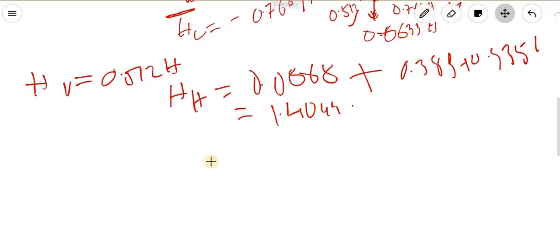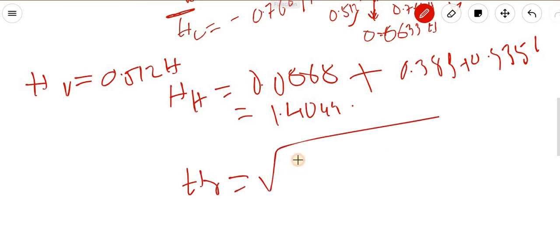Now what will be the resultant? Resultant is nothing but the under root of vertical square plus horizontal square. So this is square plus 0.512 square, that means how much will we be getting?